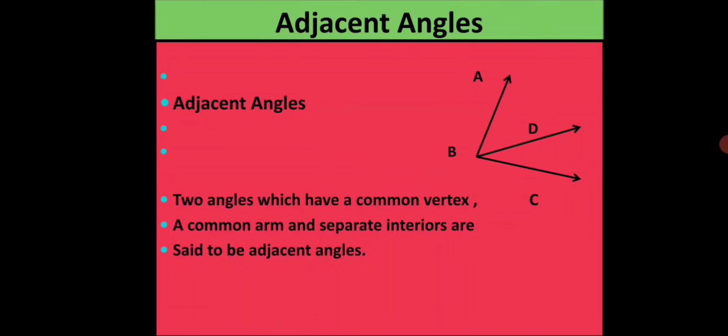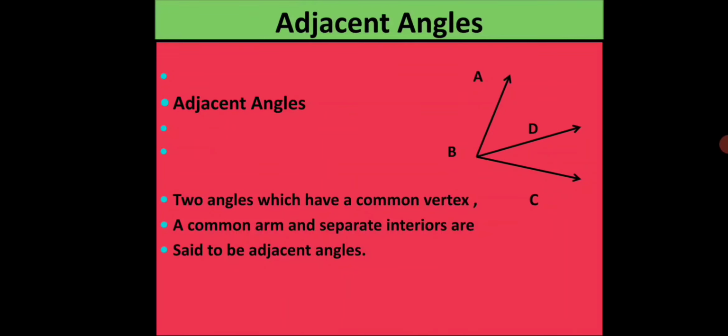I hope you understood the concept now. So adjacent angles have one common arm and the other arms lie on opposite sides of the common arm. They have a common vertex. Adjacent angles have separate interiors, as you can see in the figure alongside.